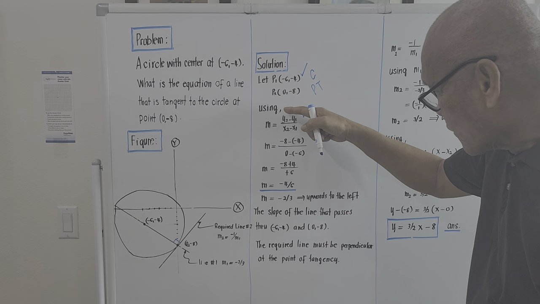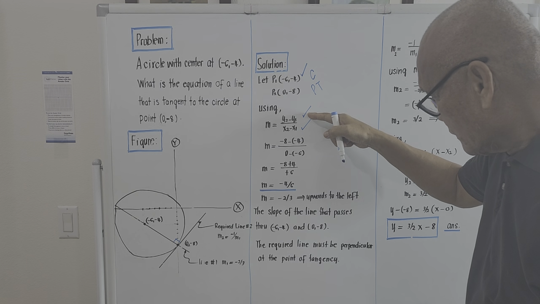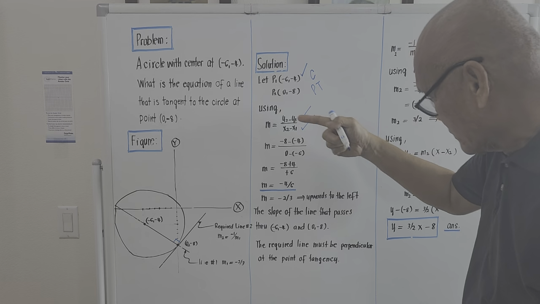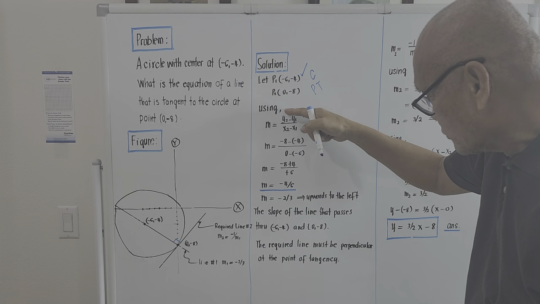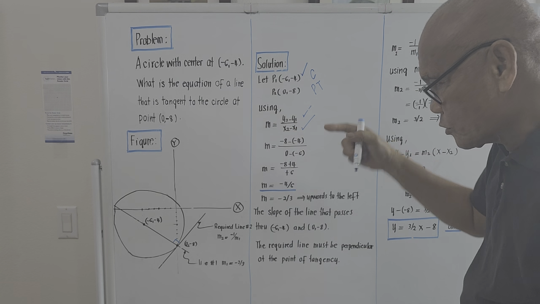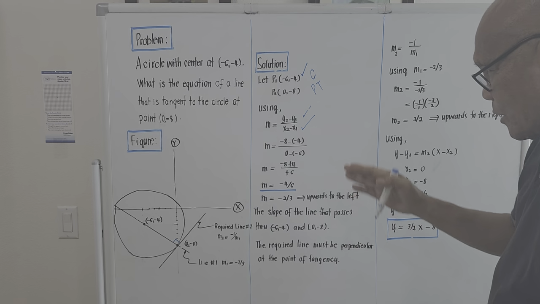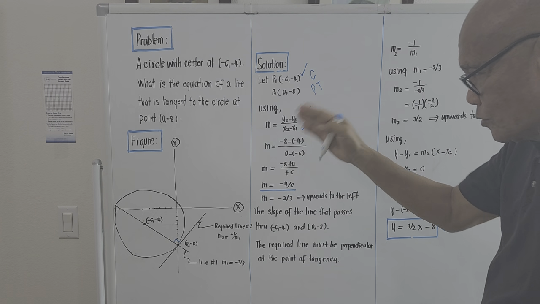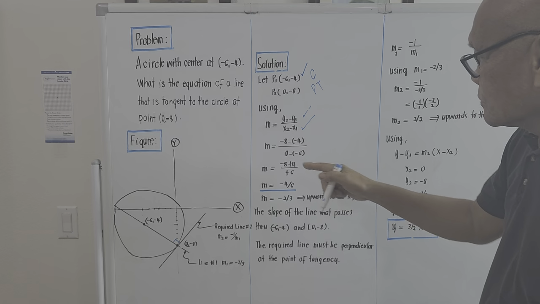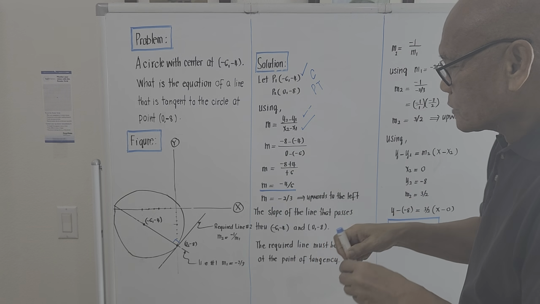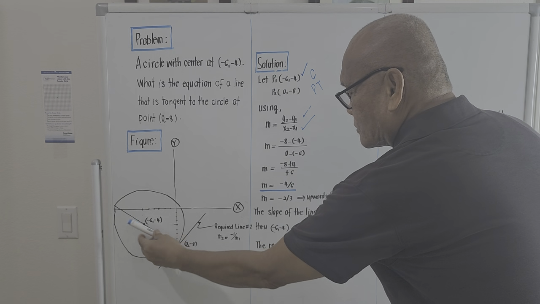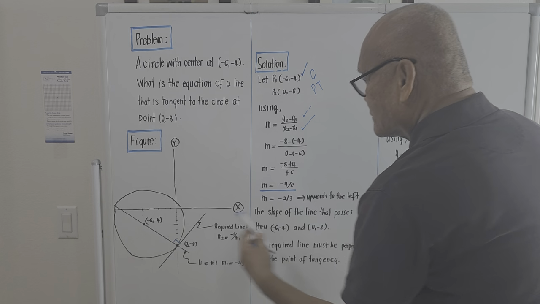It could either be y1 minus y2 over x1 minus x2, or we could use y2 minus y1 over x2 minus x1. It doesn't matter. But I will be using the subscript 2 first. Now, I will try to compute the slope of the line that passes through the center of the circle and the point of tangency.